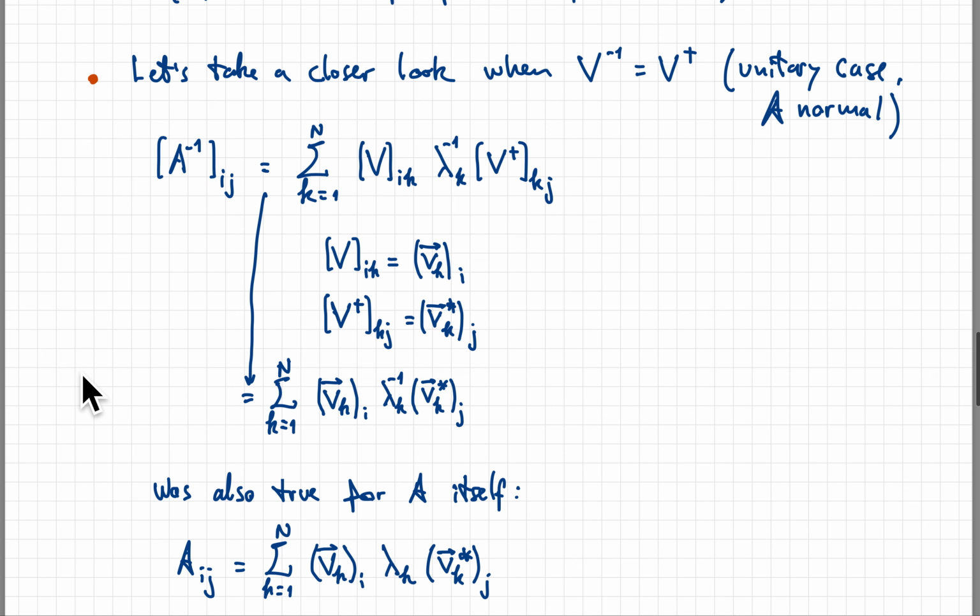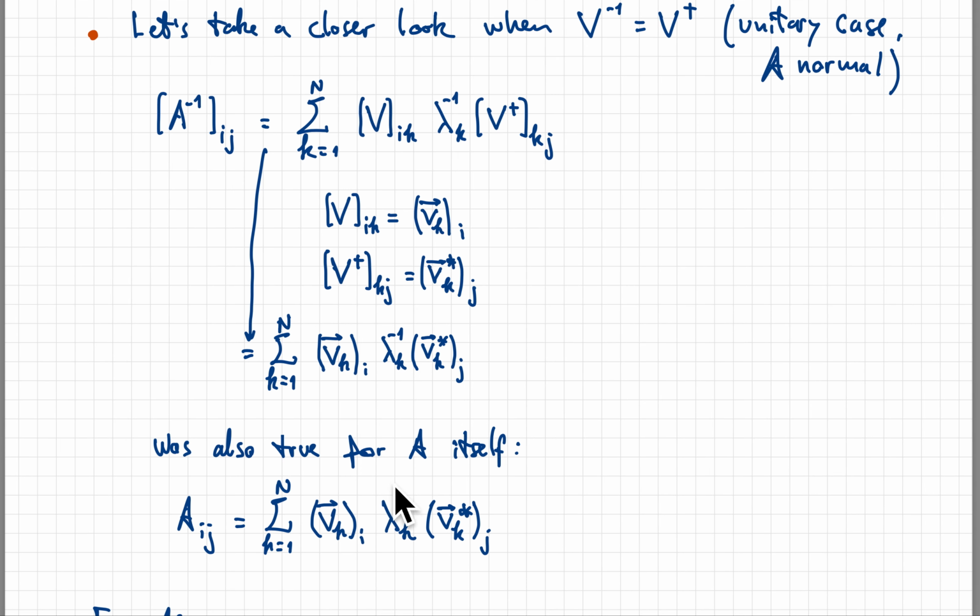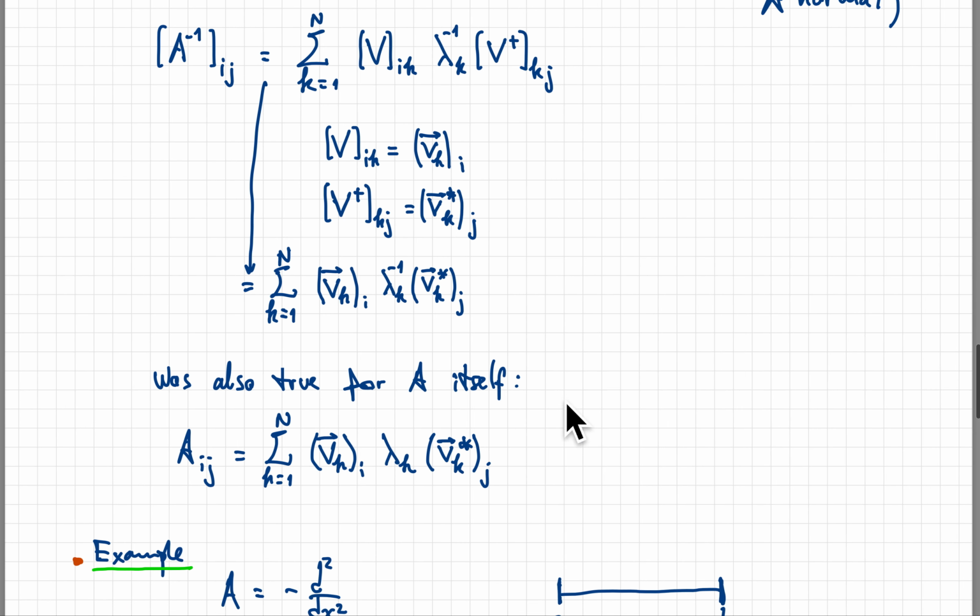This is true for A inverse, but it was also true for A. Instead of lambda inverse, we just write lambda, and that gives us the element Aij. This is again nothing other than the spectral decomposition of A itself.